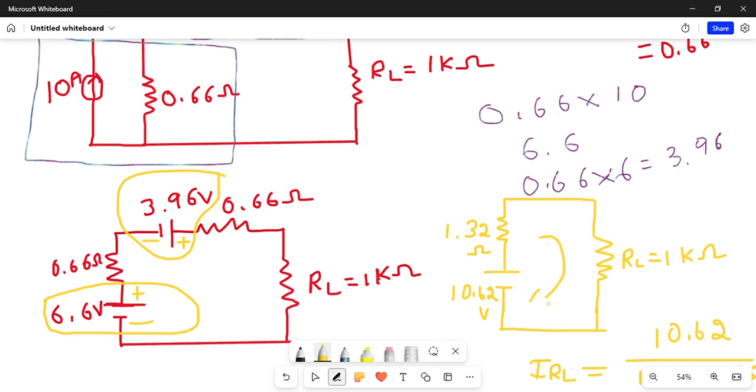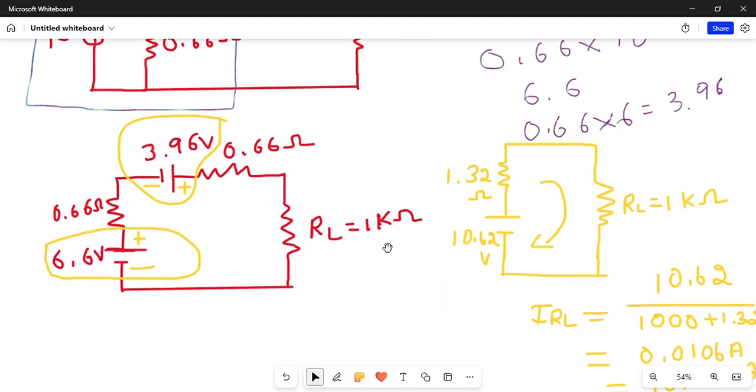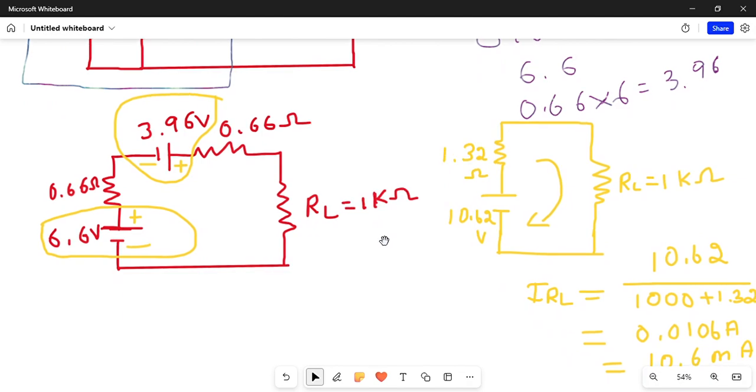When I applied the current divider rule, what is actually the formula, so as you have voltage over here, first I need to write my voltage and I need to divide it by these two resistances.